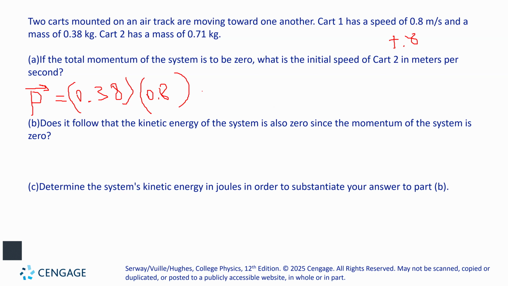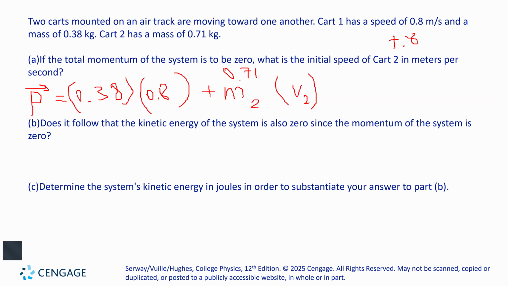And then I have to add the mass times the velocity of the second cart. The mass of the second cart is 0.71 kilograms, and we don't know the velocity of the second cart.